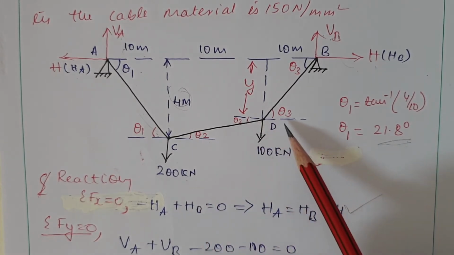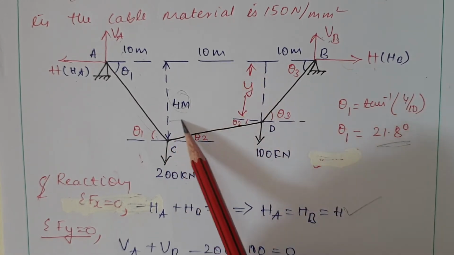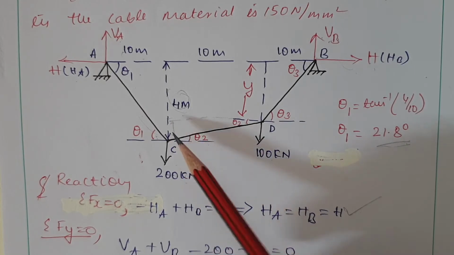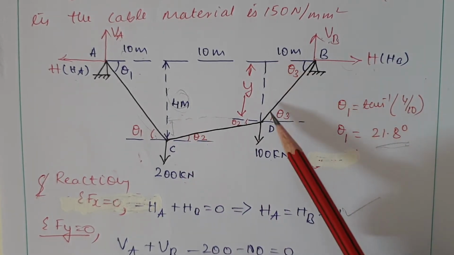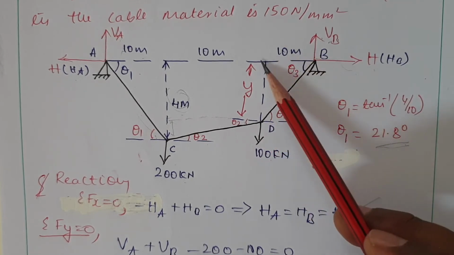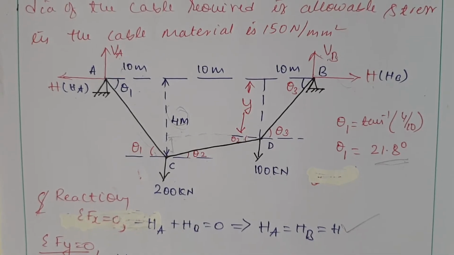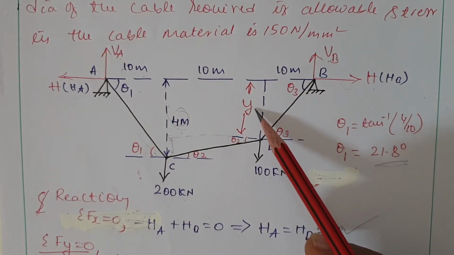To find theta 2 and theta 3, we need the vertical distance, which we don't know. So we have to find the vertical distance y.